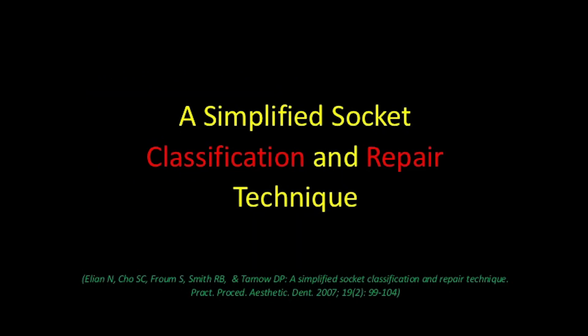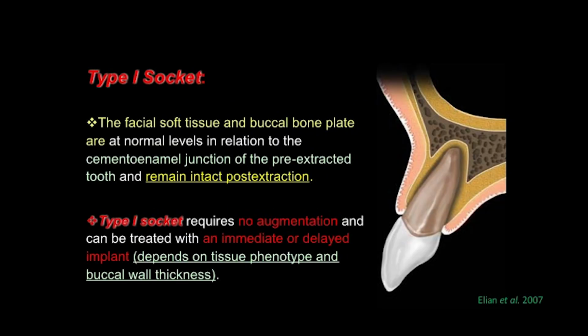The third technique, or third classification, is the simplified socket classification by Elian, Tarnow and Smith. This will tell you what kind of socket you have and what type of treatment as well, but it's only three classifications: type 1, type 2, and type 3 socket classification. In type 1, the facial soft tissue and the buccal bone plate are maintained.